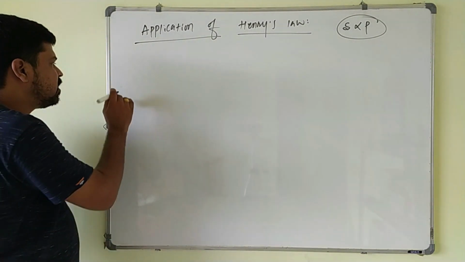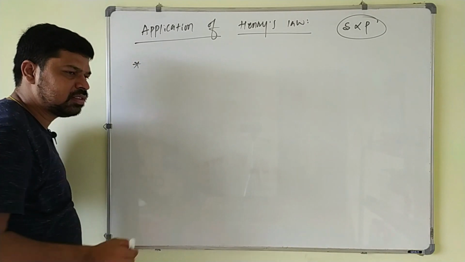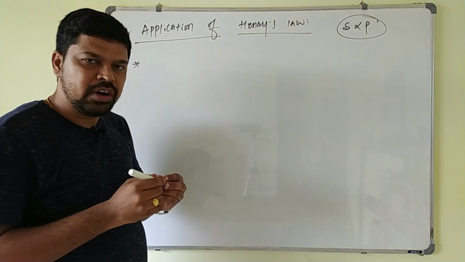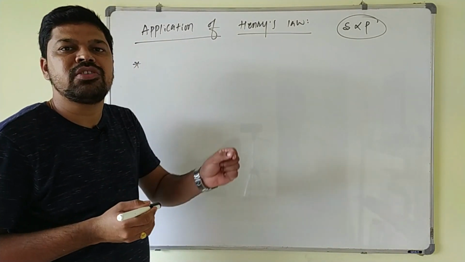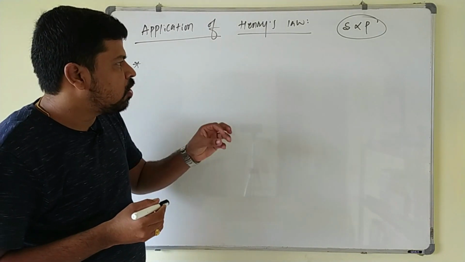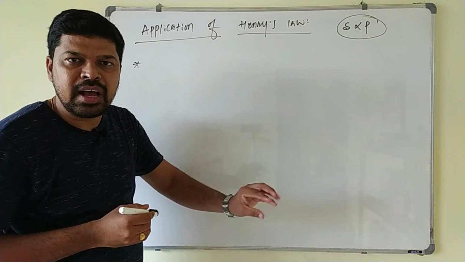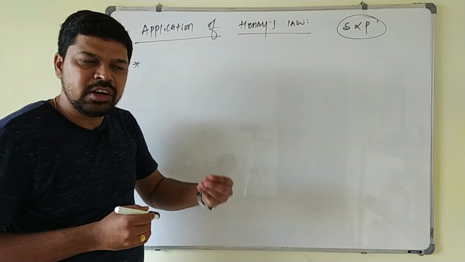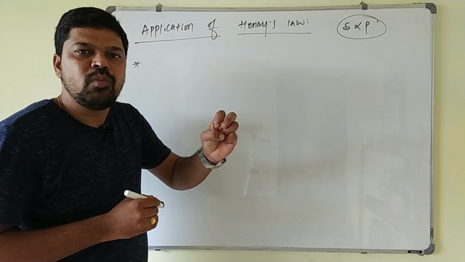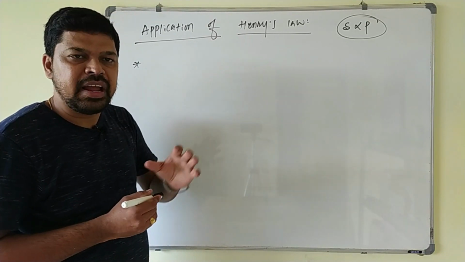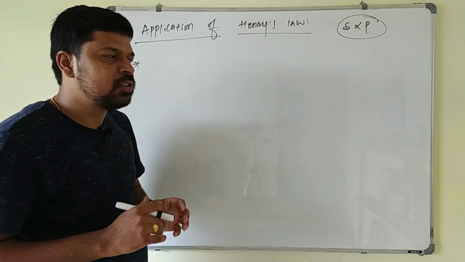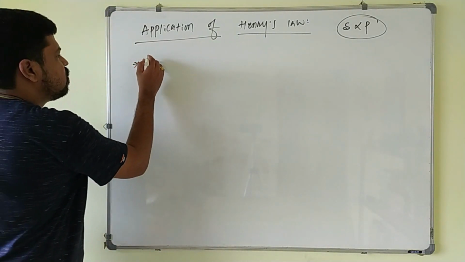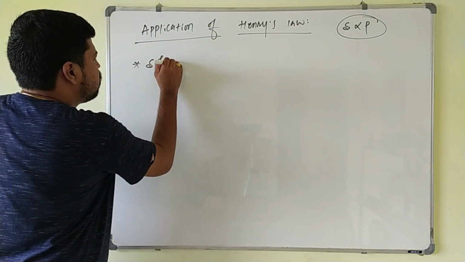The first point is soft drink bottles. These soft drink or soda water bottles contain dissolved CO2 gas. In order to increase the solubility of CO2 gas in the soft drink, those bottles are sealed at very high pressure. At high pressure, more CO2 is soluble in the soft drink.